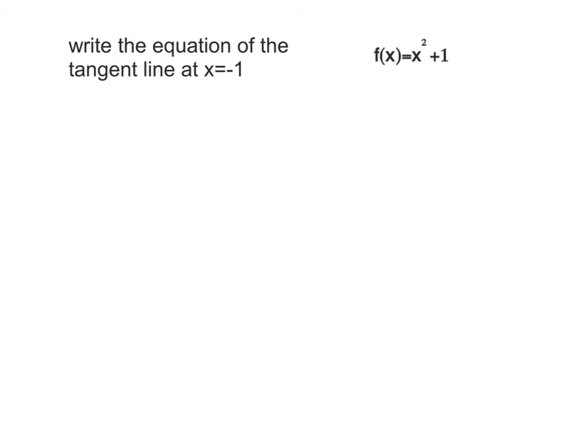So just to look, let's say I wanted to find the derivative at -1. In order to do that, I'm going to substitute -1 into the derivative formula. And if you remember, the derivative formula was 2x.